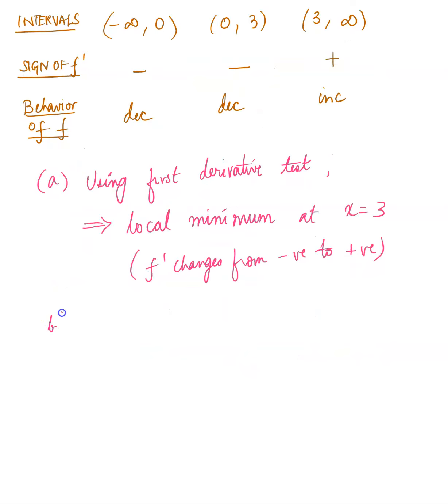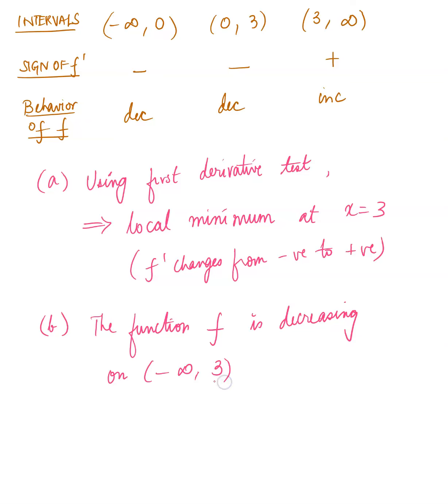And then for part B, where it's increasing and decreasing, the function f is decreasing on negative infinity to 3, all the way to 3. I don't have to put it as negative infinity to 0, union 0 to 3.